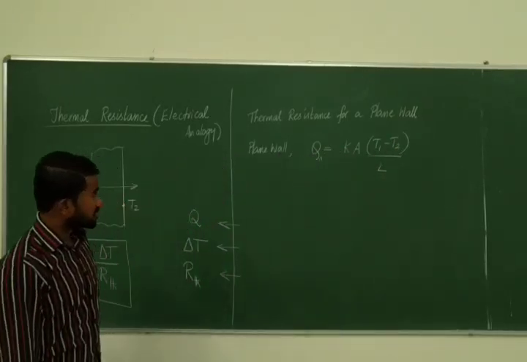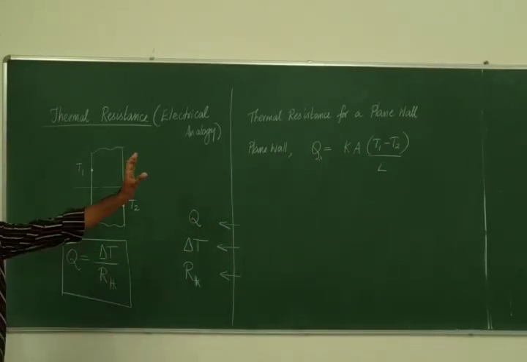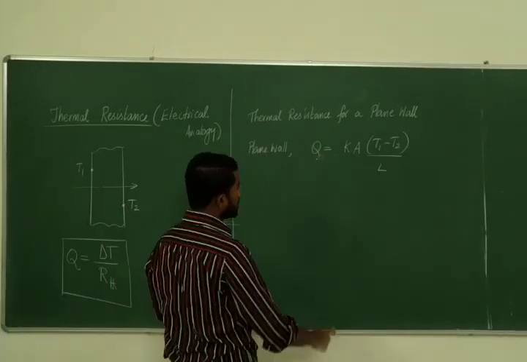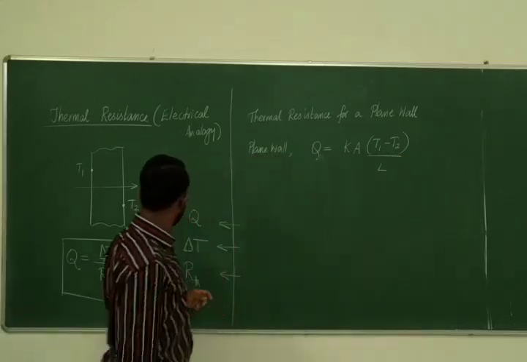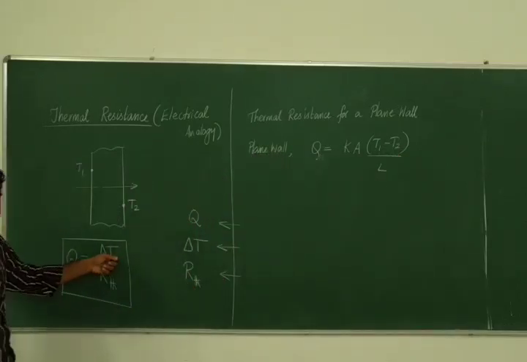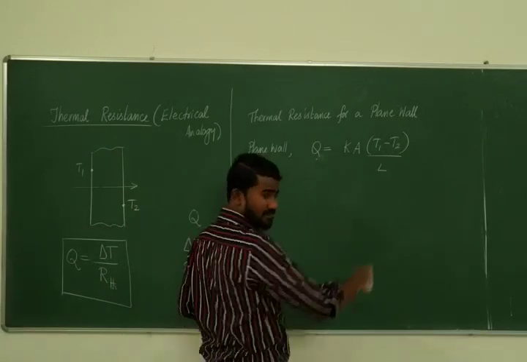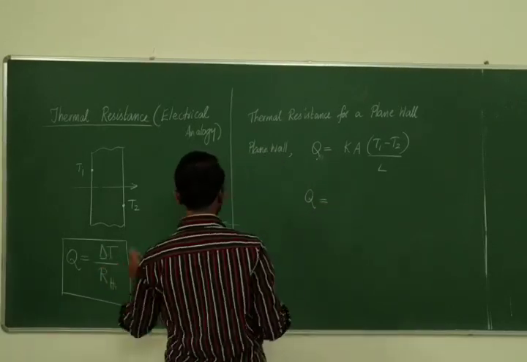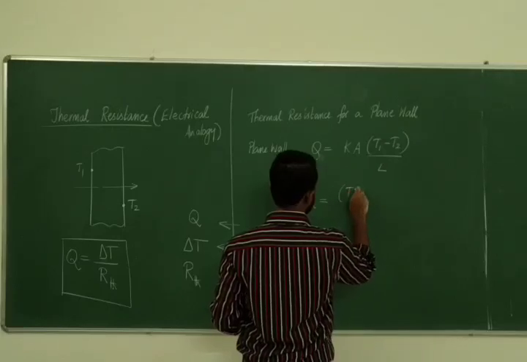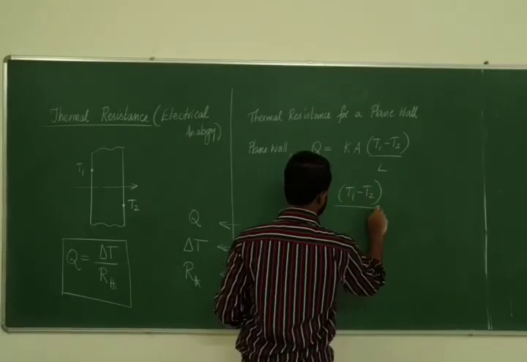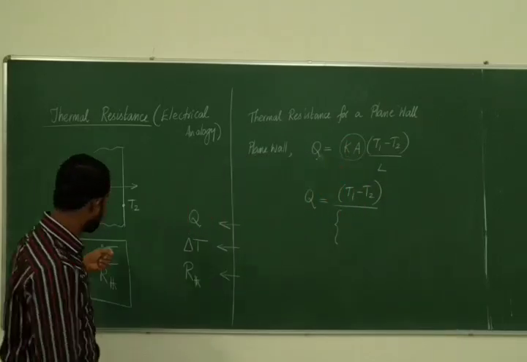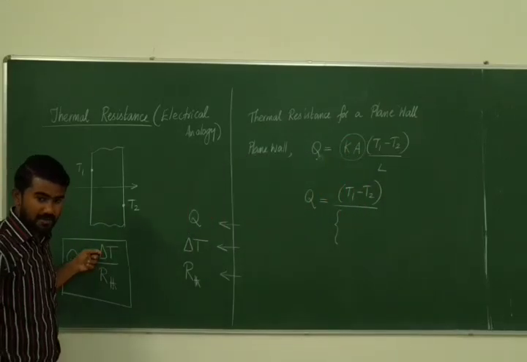This is the heat transfer through a plane wall, which I'll call just Q. Now what is T1 minus T2? That is delta T, so this is already of that form. Now I am going to put it exactly in that form. Q equals T1 minus T2 divided by, I am going to pull kA down because you have only delta T in the numerator.